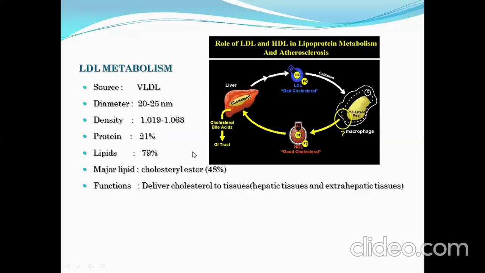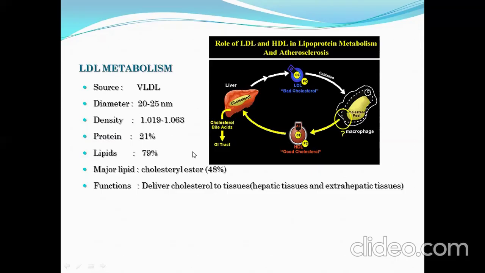Hepatic and extrahepatic tissue. So they are going to deliver cholesterol to the tissue, or peripheral tissue. So LDL is referred to as bad cholesterol. Why? Because this is the type of lipoprotein that carries cholesterol through the bloodstream.